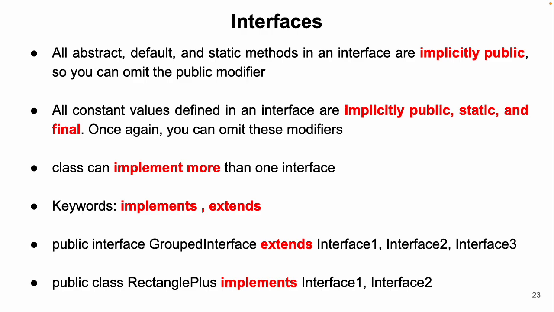That means we cannot inherit from more than one parent at a time. But using interfaces, we can do multiple inheritance. That means we get all the properties and behavior of interface 1 and interface 2 and implement all those things in my class.